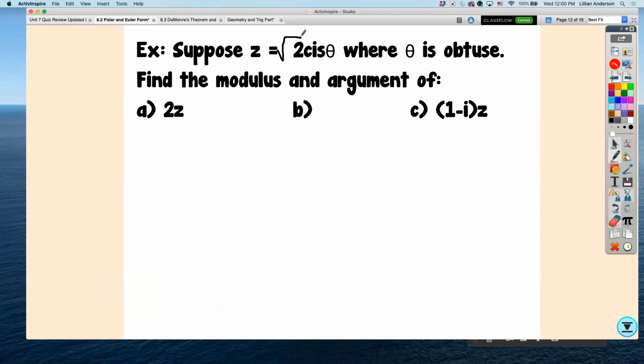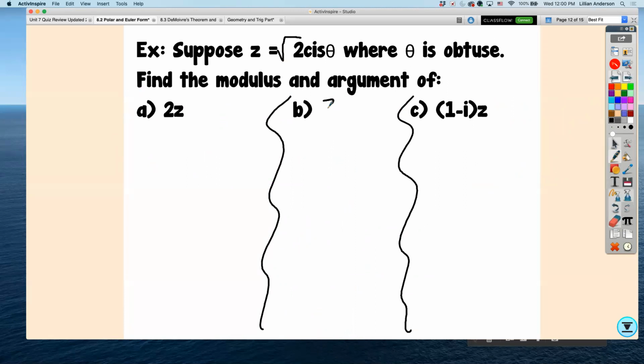I want you guys to try these on your own. Find the modulus and argument of these three. So you have 2z. What do you do with that 2? So when you multiply, it becomes 2 root 2 cis theta.